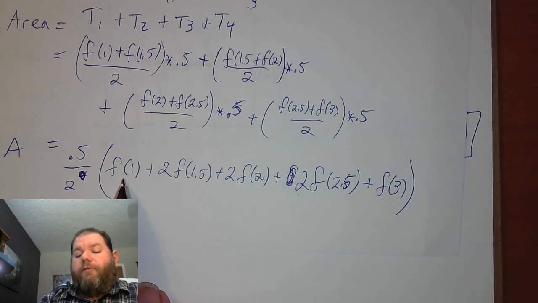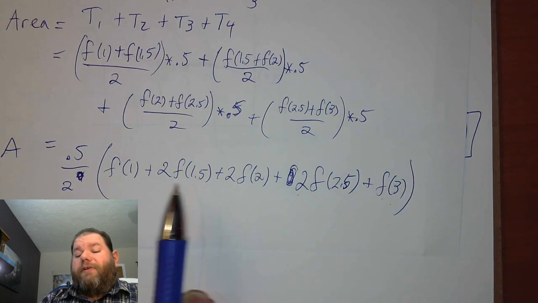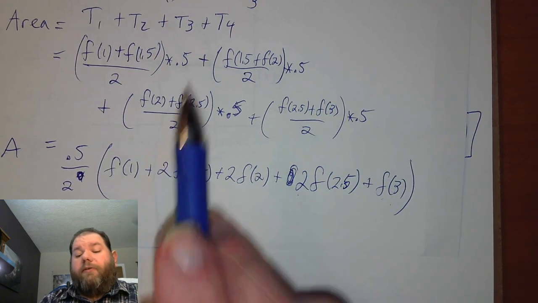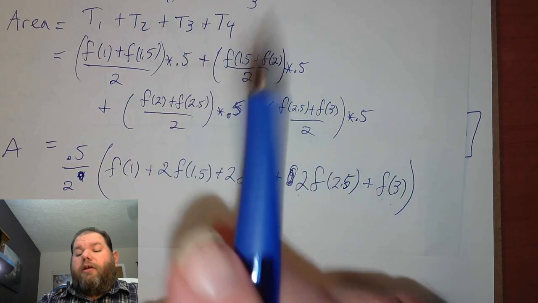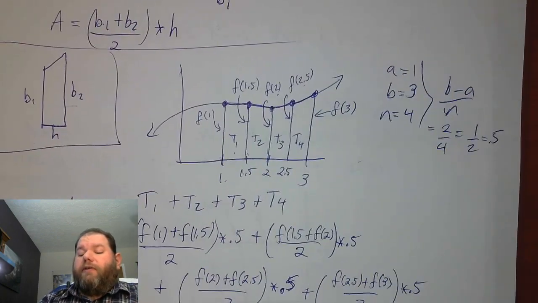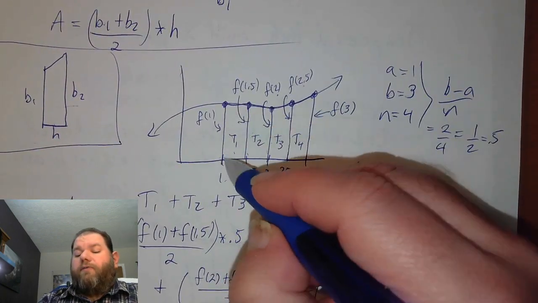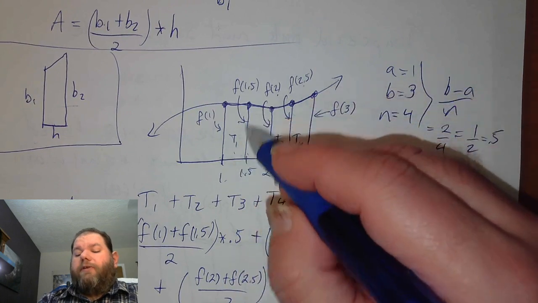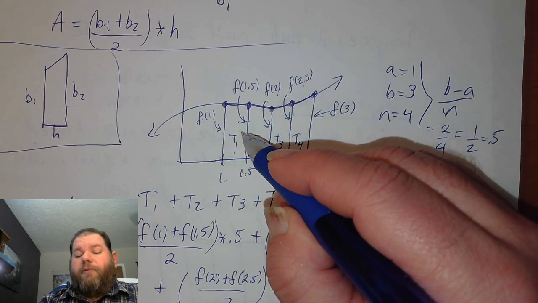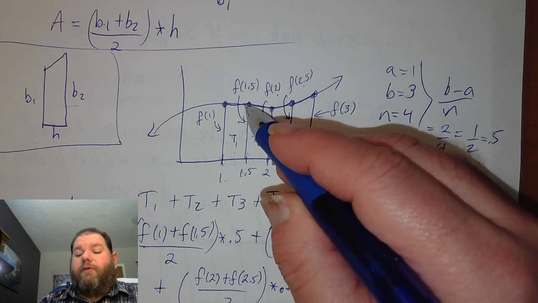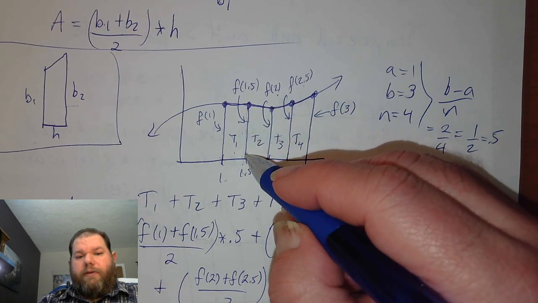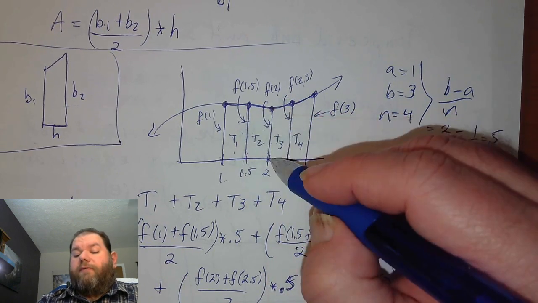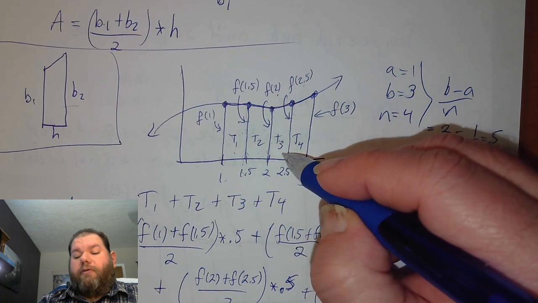The left side is used once, the right side is used once, but the sides in between are used multiple times, 2 times each. And the reason for that is that, okay, this side is only part of one trapezoid, but this side here is the base of the first trapezoid and the second trapezoid, so we use f of 1.5 twice. Same thing is true of f of 2, it's part of T2 and T3.